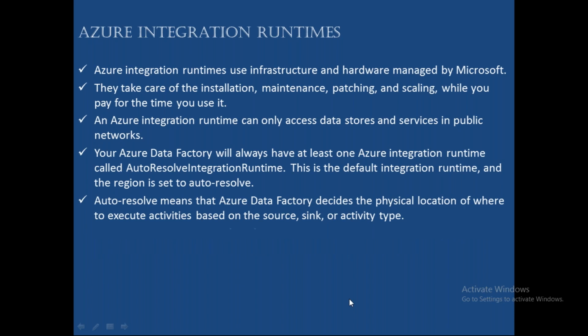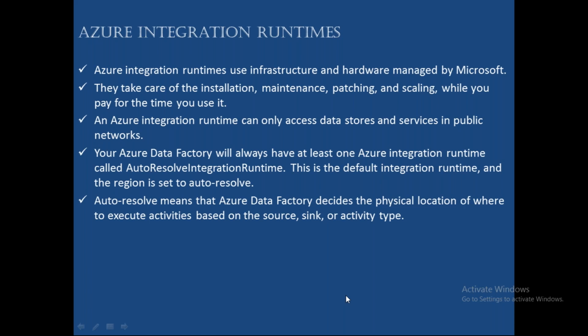So why we have this point, I will tell you. There is one more problem with this auto resolve integration runtime. Okay, for example, you are trying to copy data from India to Zimbabwe. Okay, let's imagine in Zimbabwe there is no data center.